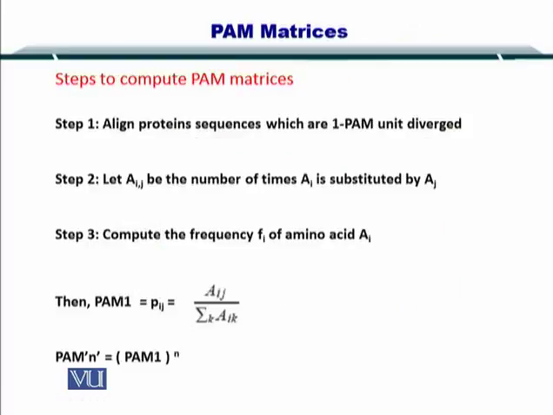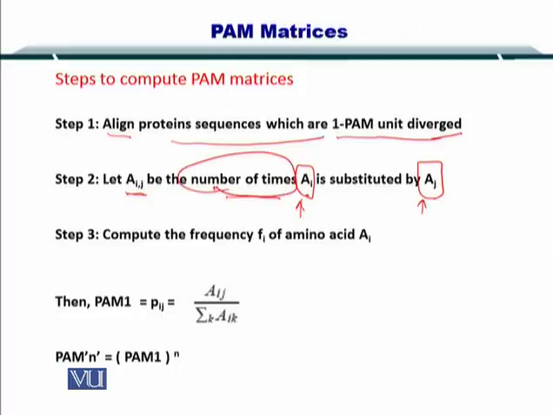To compute the PAM matrices, the first thing that you need to do is align the protein sequences which are one PAM unit diverged, that is, they have about 1% mutations. Aij is the number of times Ai is substituted by Aj, that is, one amino acid Ai is substituted by another amino acid Aj, and you count the number of times, and also you calculate the frequency of each amino acid Ai.